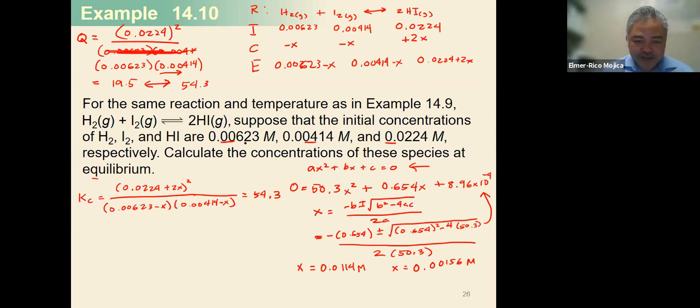A 0.00624 and a 0.00414. Remember, this is your x. So what does this mean? If you're going to use this value, this is larger than this one, and you're going to subtract that number from the given number. Does that make sense that it will be the right x?